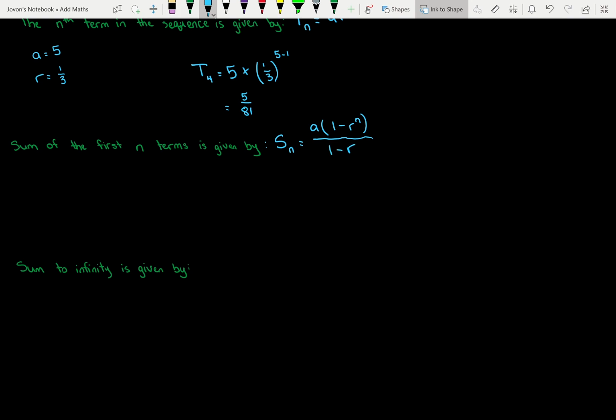So let's say using the same a is equal to 5 and r is equal to 1/3, I want to find the sum of the first 10 terms.